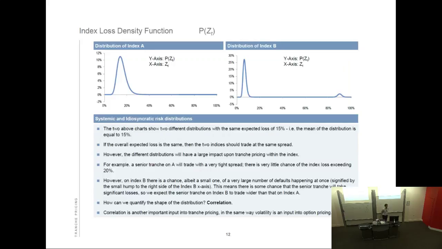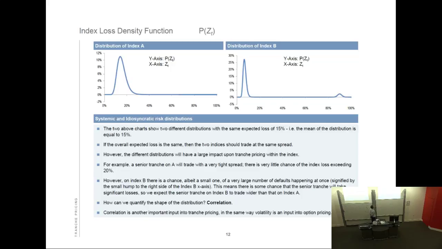Okay? Because imagine two portfolios with two different distributions, but the same expected loss. Okay?